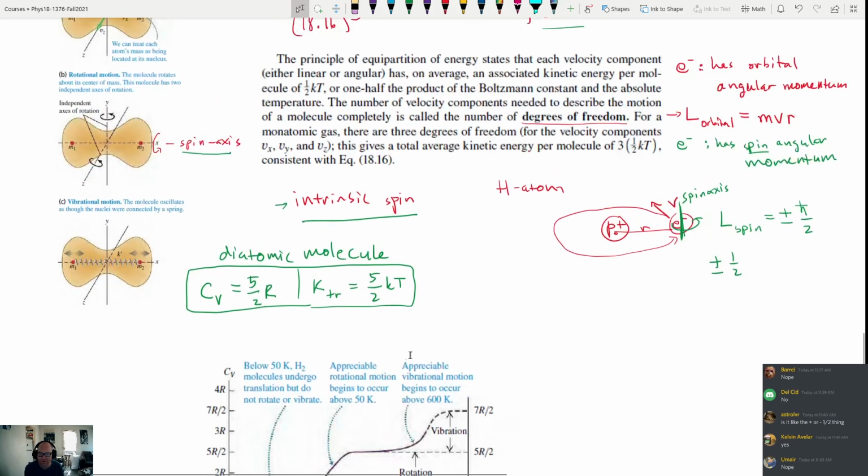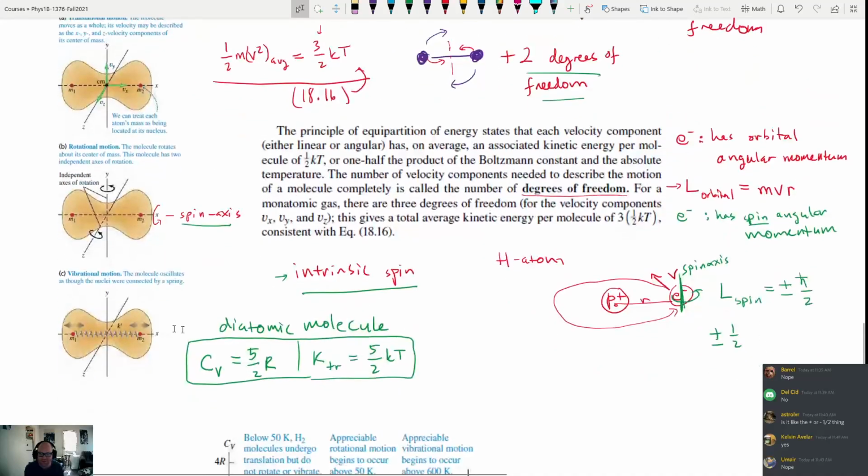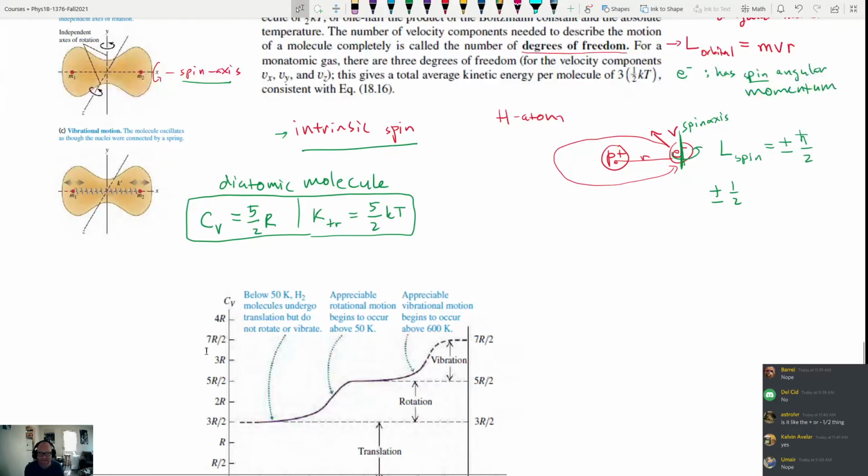The one other thing mentioned as a degree of freedom is that the molecule could oscillate as though the nuclei were connected by a spring, because they do have a bond, so it can vibrate. Once you get hot enough, those vibrational modes, as we call them, come into play. As a result, you get an additional 2 degrees of freedom, right? Because then specific heat goes to 7R/2.